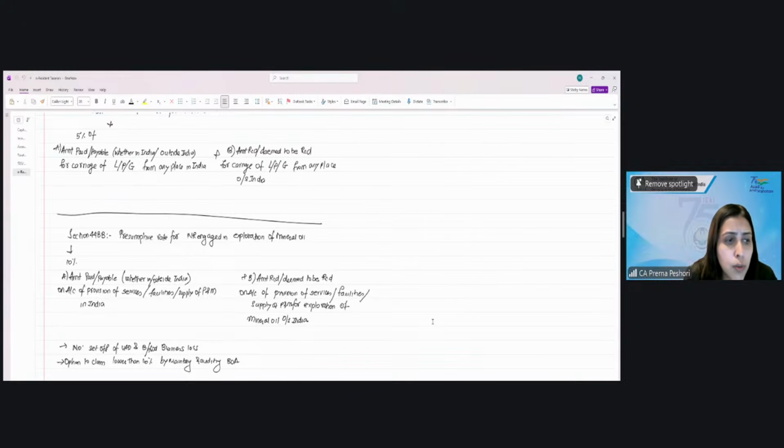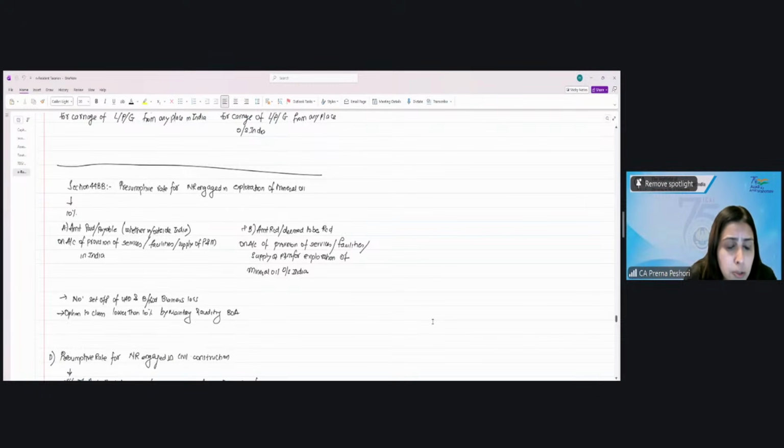Here you will not get any set off of unabsorbed depreciation or brought forward business loss. However, you have an option to claim lower than 10% by maintaining the books of accounts and getting them audited.